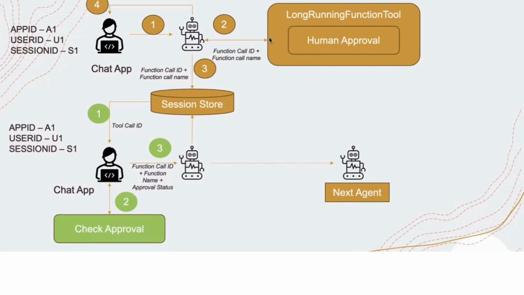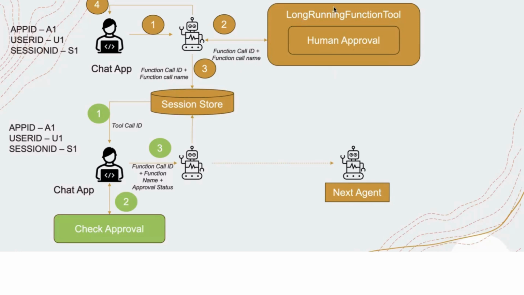It will return the response to the chat application saying that I have submitted the request. The request is in pending state, right? And two important things that are required later to check the status are the function call ID and the function call name, right?